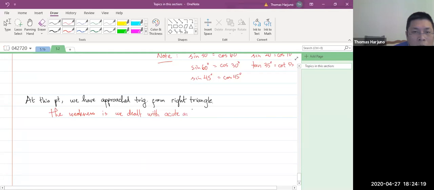Acute angles only. Well, because if you think about it, once you have a right triangle, then you have one right angle. Well, it's a right triangle, so one of the angles must be right. But that also means the total is 180, right? The total of the interior angles is 180 degrees.